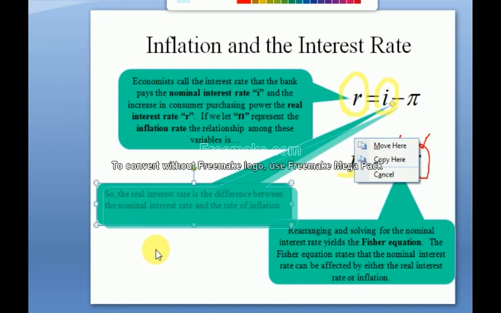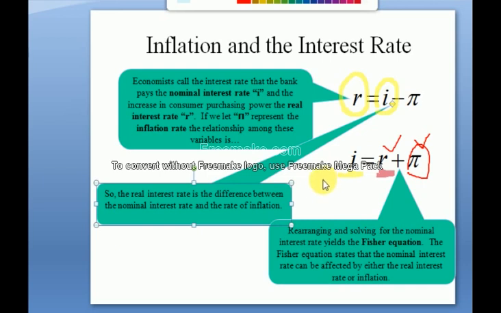To calculate the real interest rate, you first need the nominal interest rate. Then we should subtract the inflation rate from the nominal interest rate and we'll find the real interest rate.